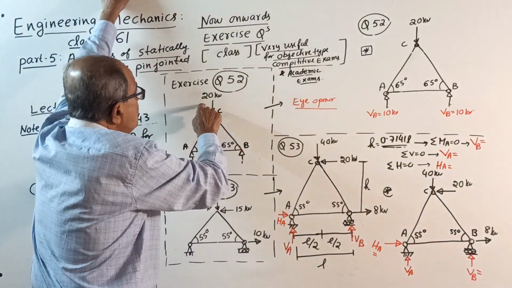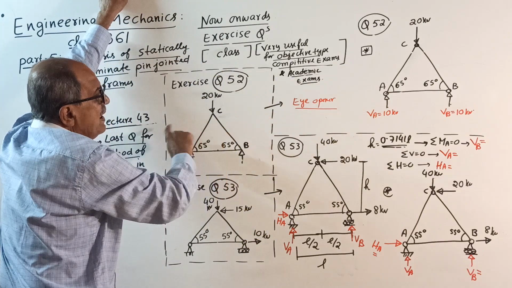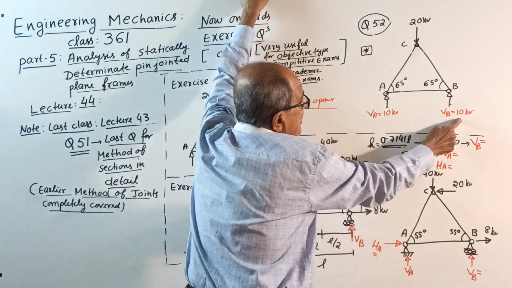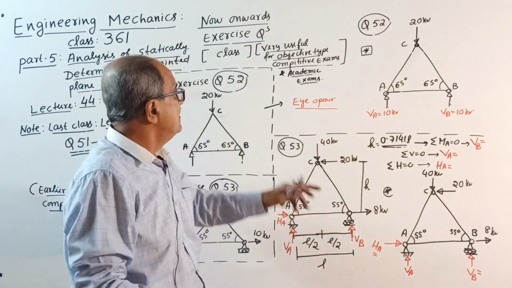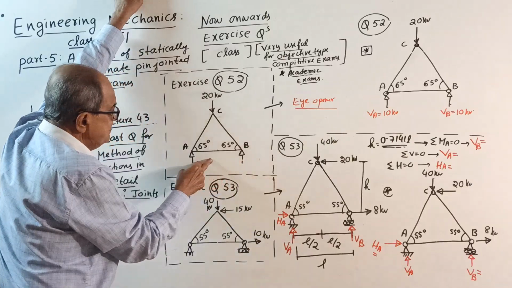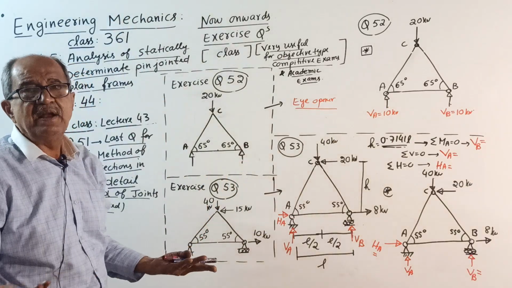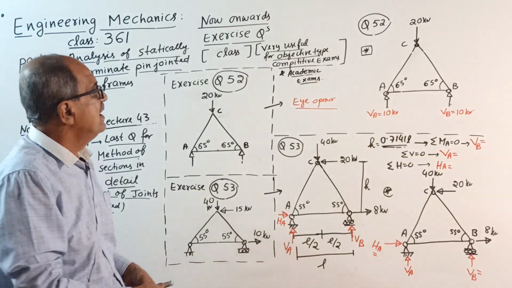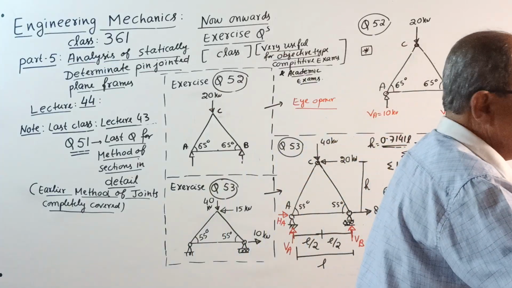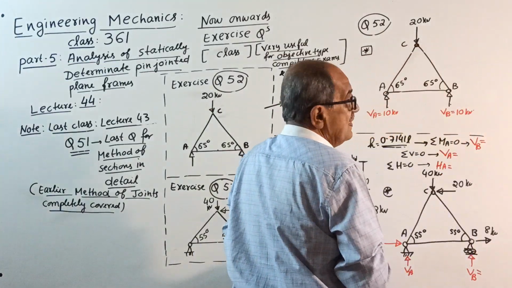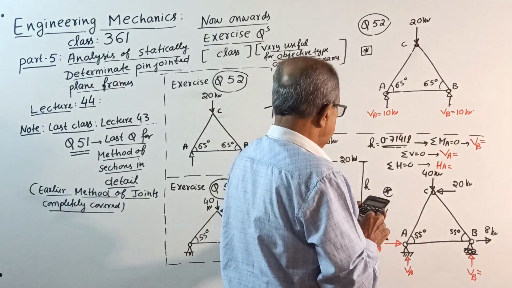Total downward load is only one load, 20 kN, divided by 2. See, that's how I got 10 kilonewton without showing calculation. Therefore, this length is not given, it is not required. Okay, over. Now, ready. Now it is your problem. Start. Over. Now I am entering the calculation part.